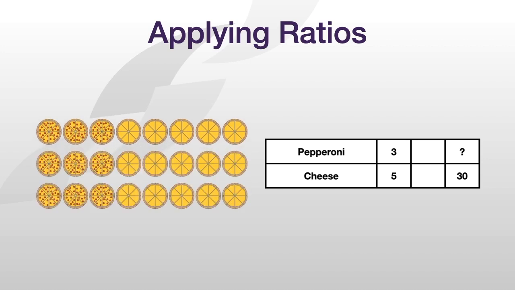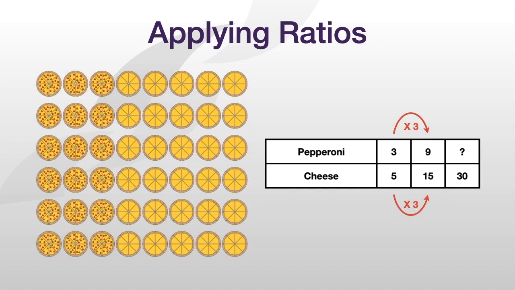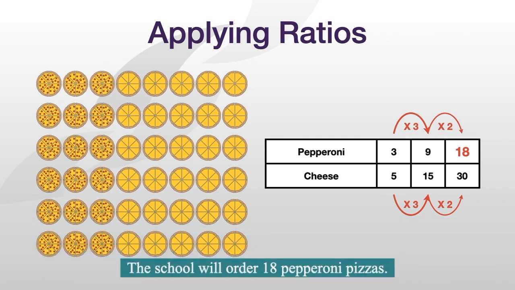Tripling 5 cheese pizzas gives 15. And doubling 15 gives 30. Applying this multiplier to the number of pepperoni pizzas gives 18. The school will order 18 pepperoni pizzas.